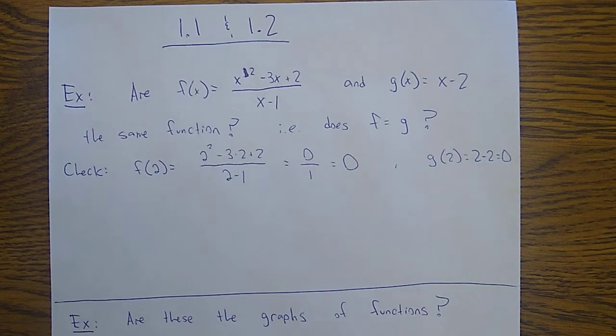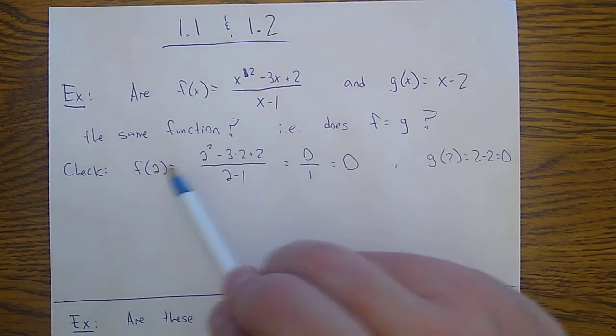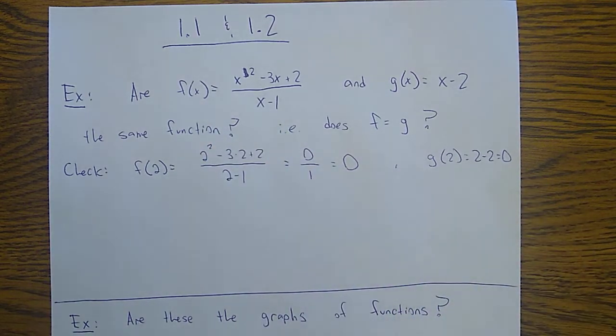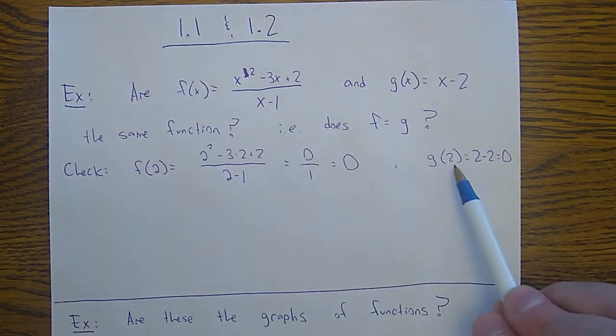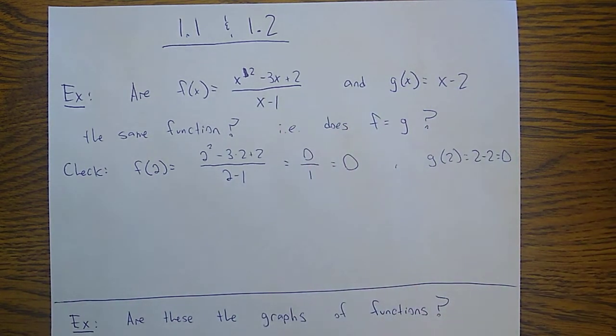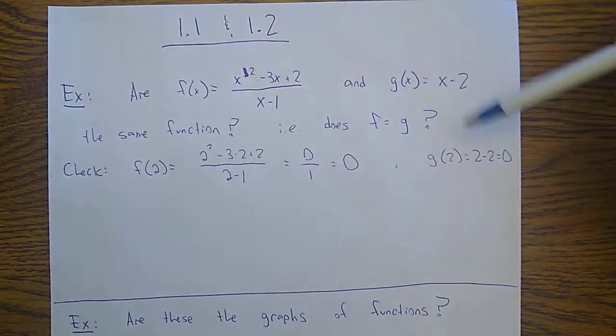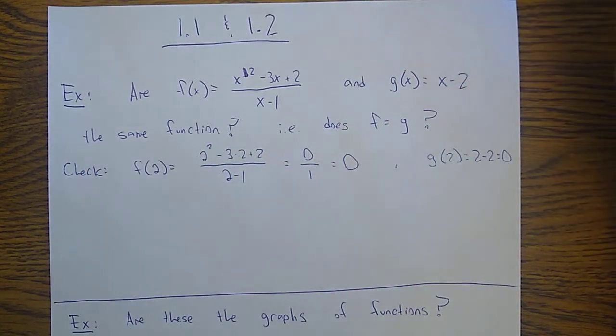So this isn't strong evidence, but what just happened is I plugged in 2 to both functions and got the same answer. You can try f of 3 and g of 3, and you'll find those are also the same. You can do f of 4 and g of 4, and you'll find that those equal each other as well.